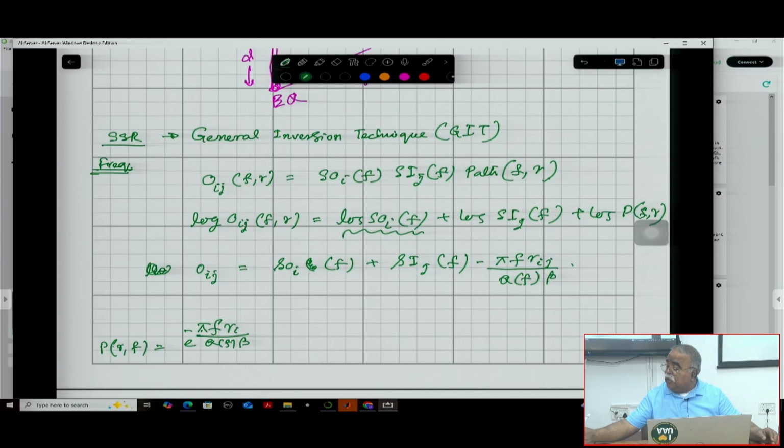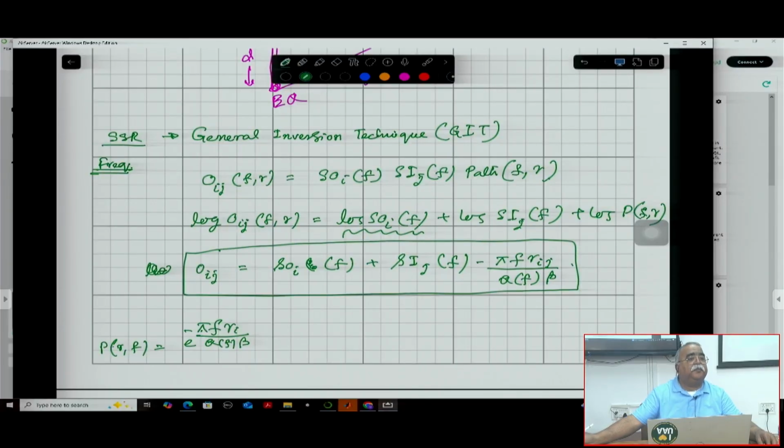So now this is completely a linear equation.